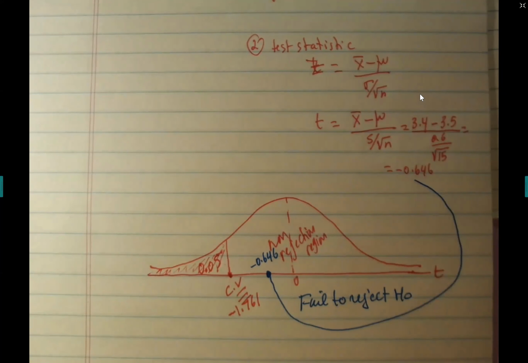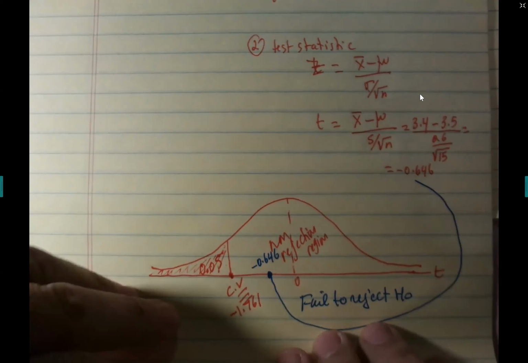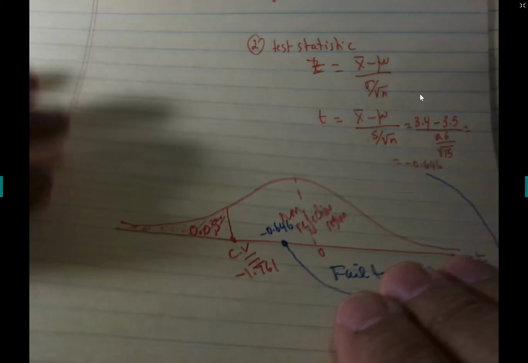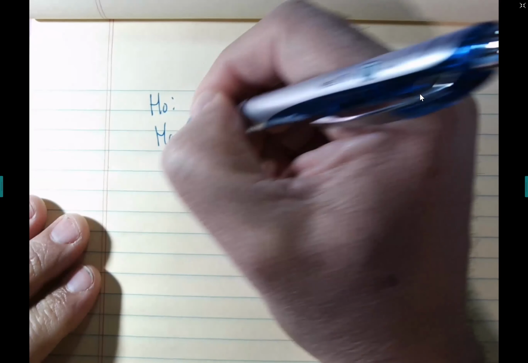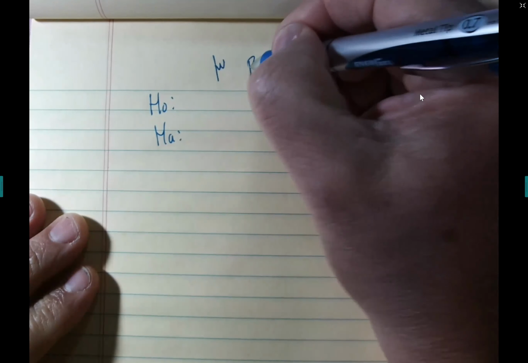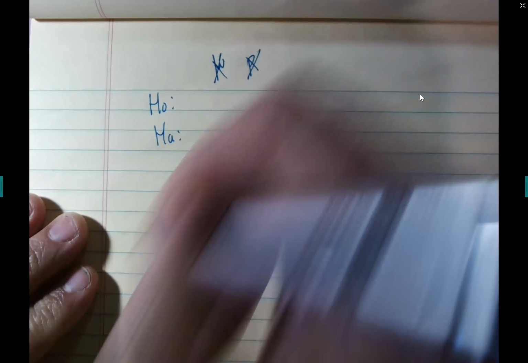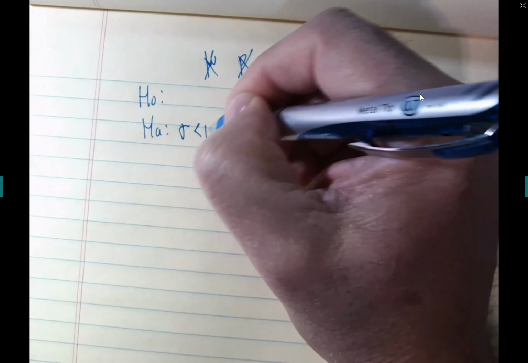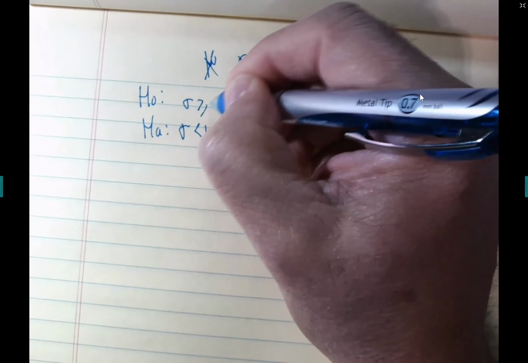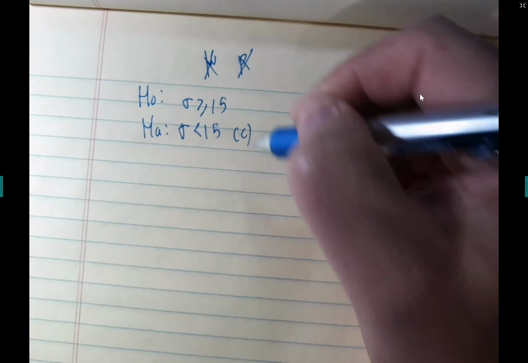So for example, you could be answering a question: test the claim that the standard deviation is less than 15. And here's how you would state just the claim. Since we're talking about standard deviation, guys, you cannot use this and you cannot use that. Those signs are not used anymore. You have to use sigma. Sigma less than 15, sigma greater than or equal to 15, and that's the claim.